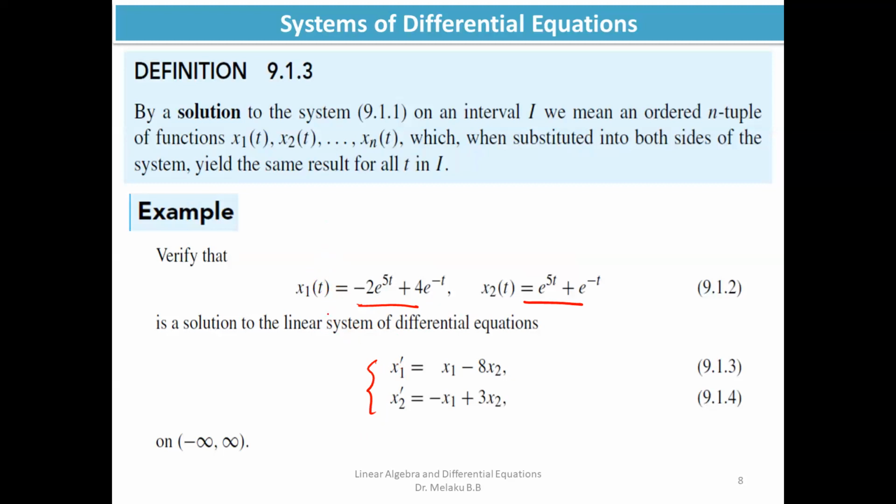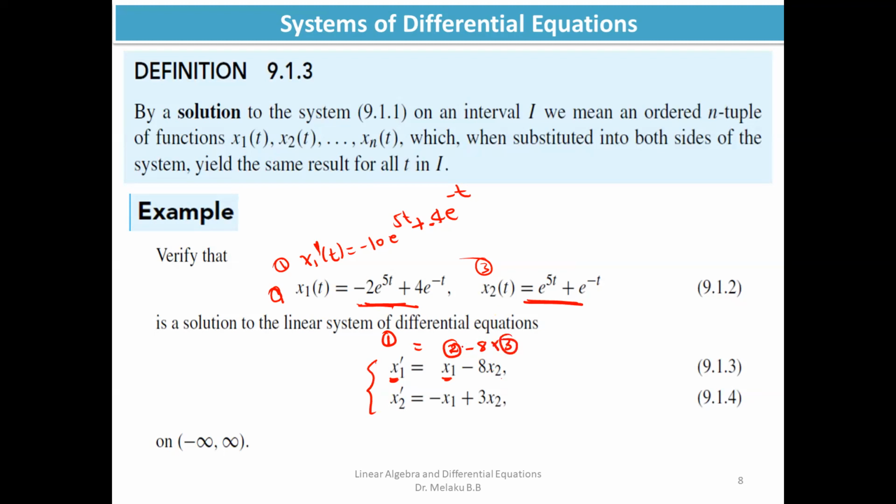It is simple. We have x1(t), so we have to find x1 prime, which is minus 10 e to the power of 5t plus 4, no, minus 4, here is minus t. This one is for the derivative, and we have x1 itself here, and minus a times x2. Upon substituting, you can say this one is 1, this one is 2, and this one is 3. So x1 bar is 1, x1 is 2, minus a times x2 is 3.